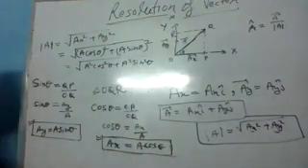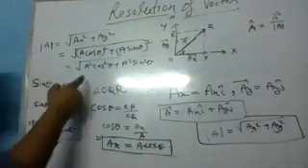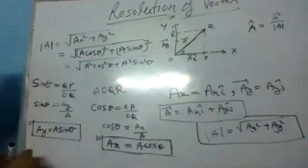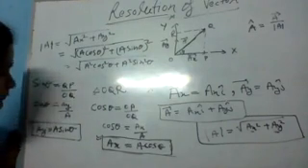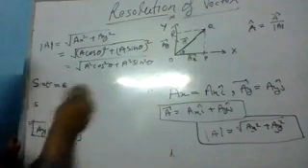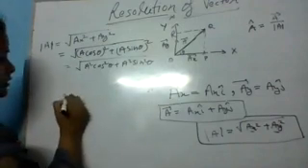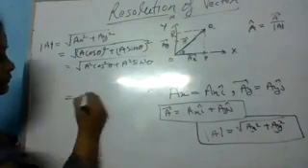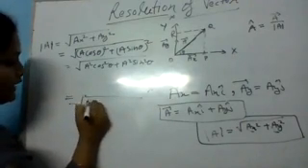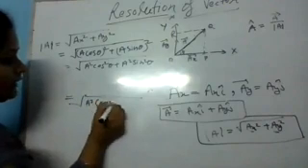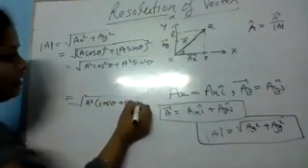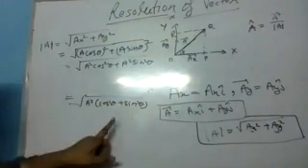Now we can take A square common: A square times cos square theta plus sin square theta. Now this is your identity of trigonometry.